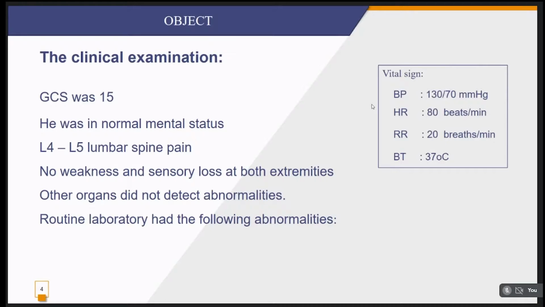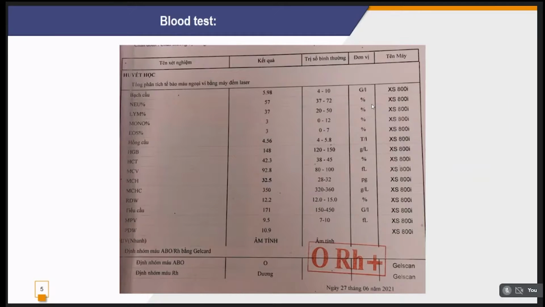After that, the patient was indicated for some investigations to make a clear diagnosis, and the routine laboratory had the following results. First we have the blood test. As we can see, all is normal.